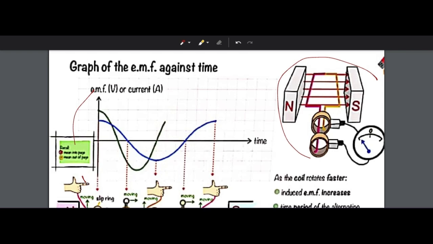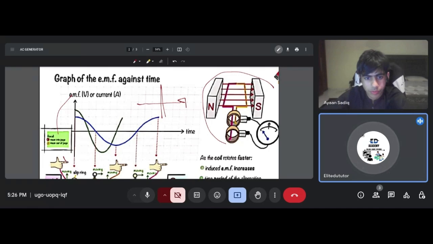Why? Because the coil's movement becomes perpendicular to the magnetic field. When it becomes horizontal, the field lines are perpendicular to the coil's movement, making exactly a 90 degree angle, and that 90 degree angle will increase the induced EMF and the current inside the coil.